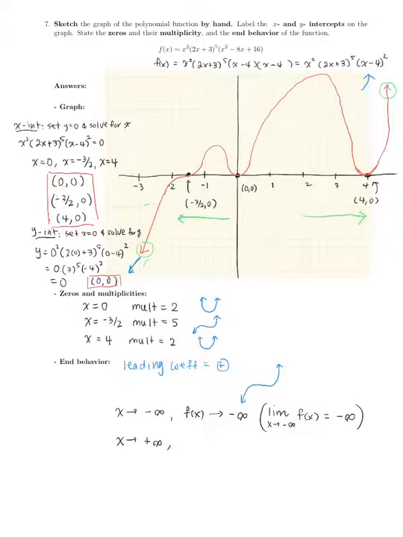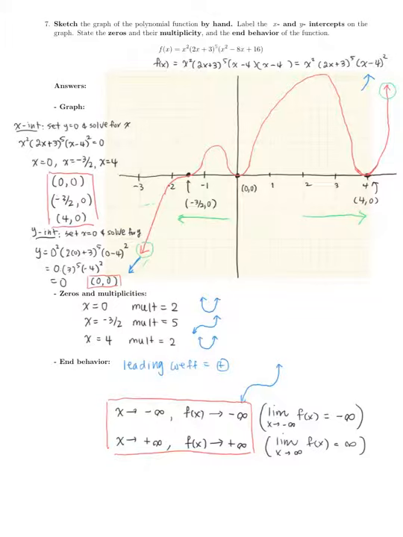So as x goes to positive infinity, our f of x will also go to positive infinity. Those of you who are interested in taking calculus will write this expression as the limit as x goes to positive infinity of f of x is positive infinity. But again, you don't have to write that. Just give me this, and I will be super happy.